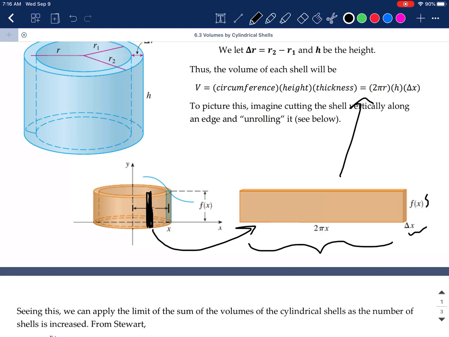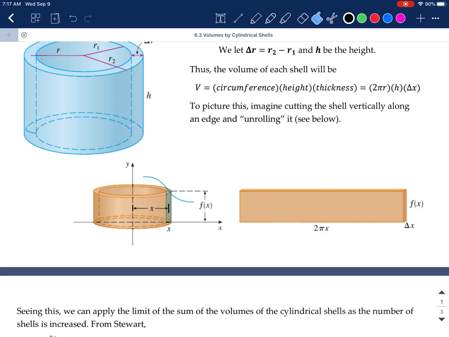So we end up with 2 pi r h times delta x, which is going to give us our volume, right? That's going to be the surface area of the cylinder times the width, which gives us the volume.